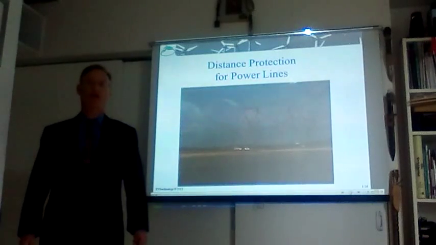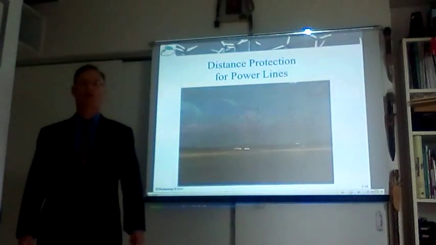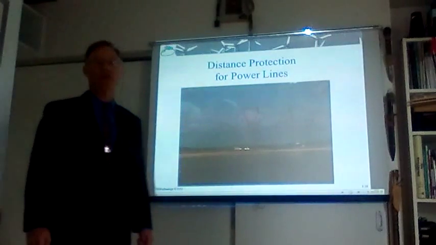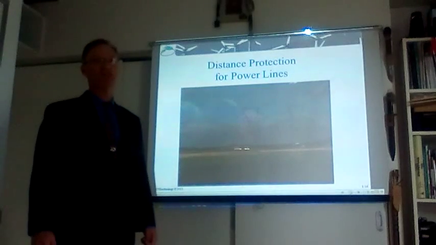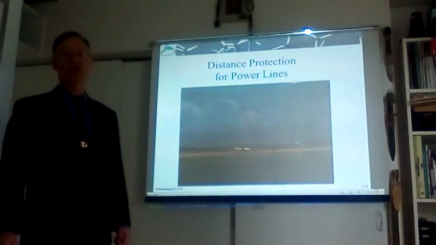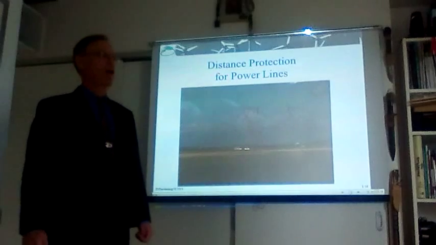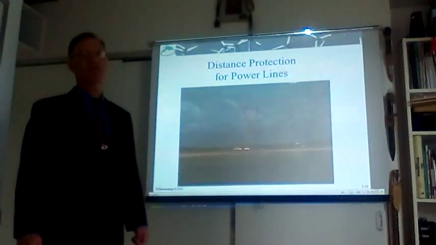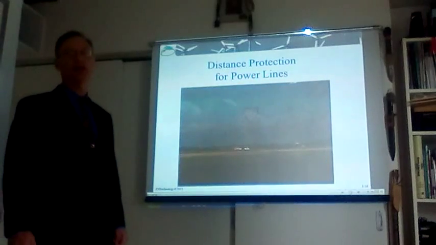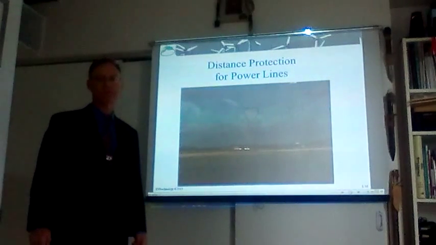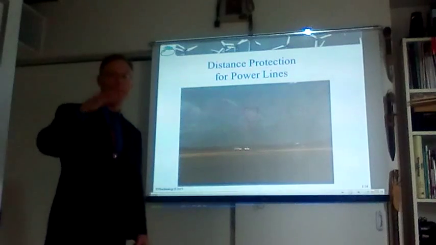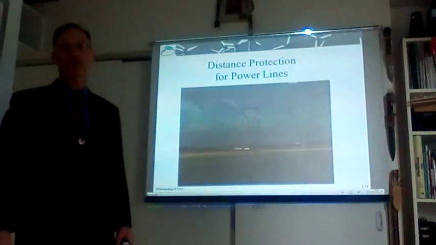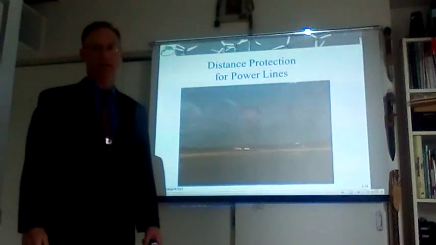The main protection, and always the mandatory one for transmission lines, will be differential protection, ANSI number 87, and that will be the most important and the fastest protection we will apply for transmission lines. But as a backup, we will apply distance protection as well.